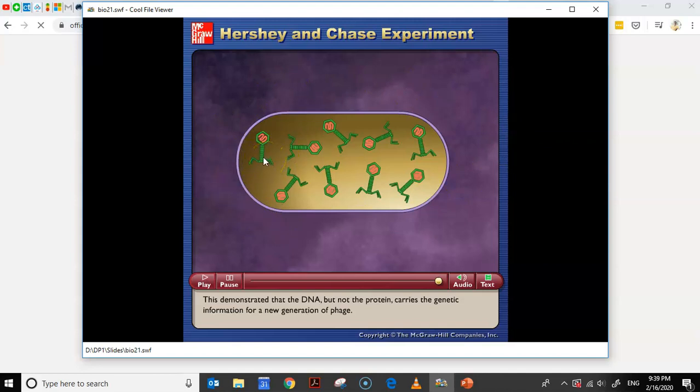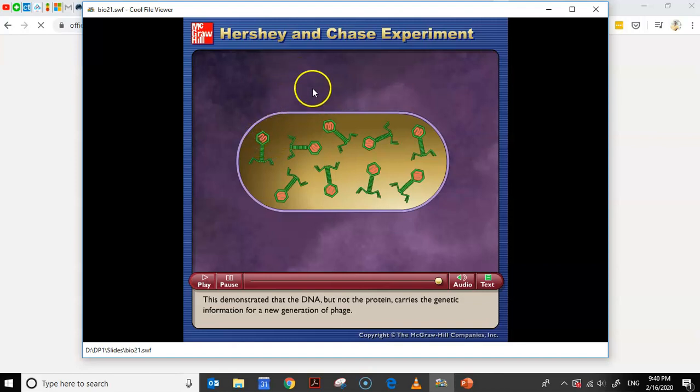So they use two different types of radioisotope in order to differentiate between DNA and the protein. According to the experiment, at the end, they noticed that it is the DNA that can go inside the bacteria, not the protein, because the DNA, once it goes inside, produces the protein coat from this DNA.